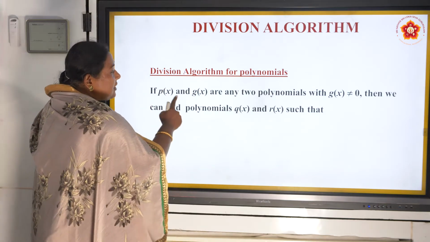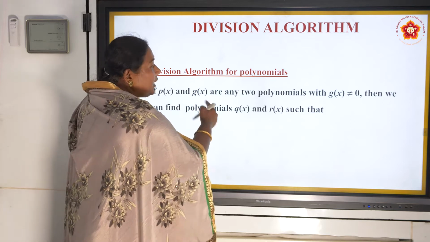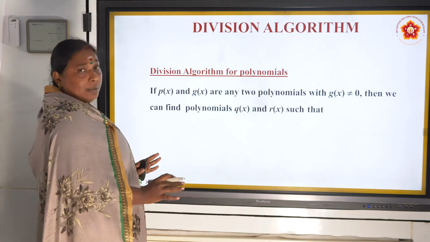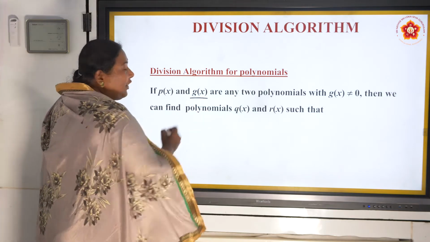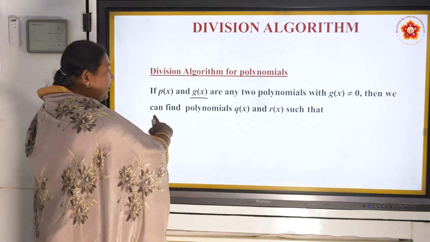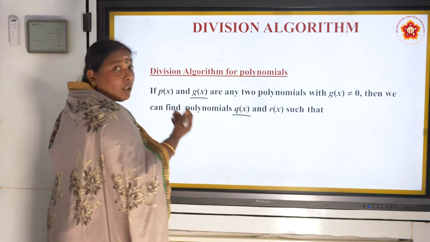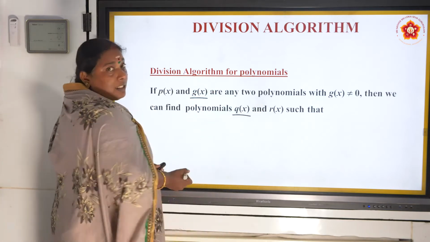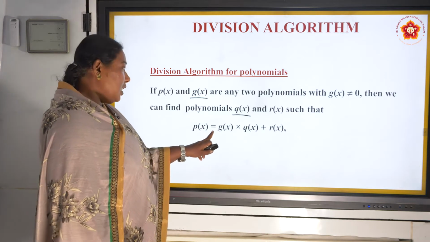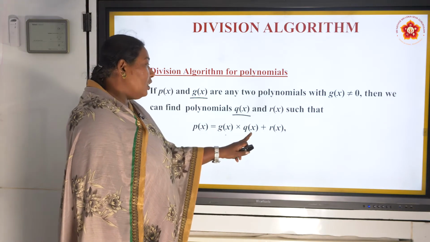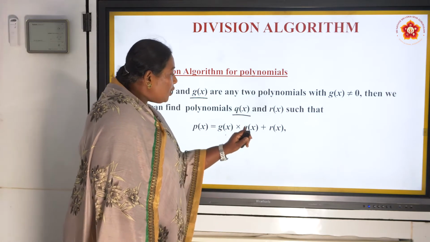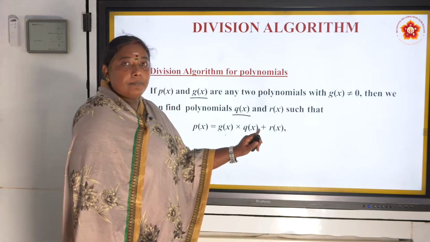If P of x and G of x are any two polynomials, where G of x, that means the divisor, is not equal to 0, then we can find Q of x, that means our quotient, and R of x, that means our remainder, such that P of x, Ravana, is equal to Rama into Sugriva plus Vibhishana. Right? P of x is equal to G of x into Q of x plus R of x.